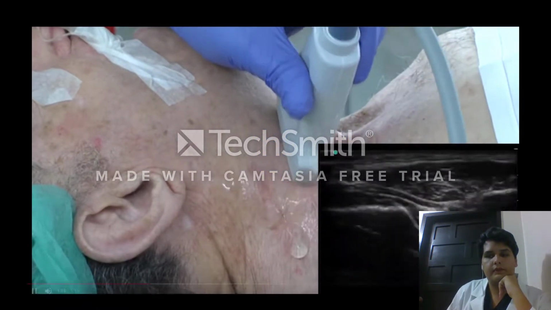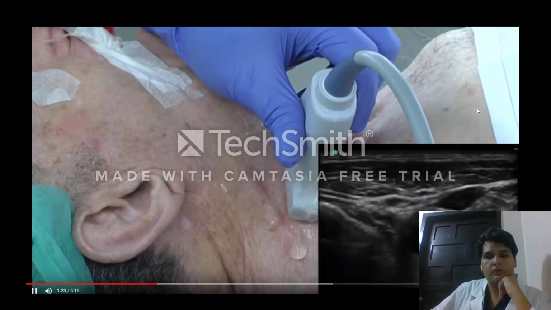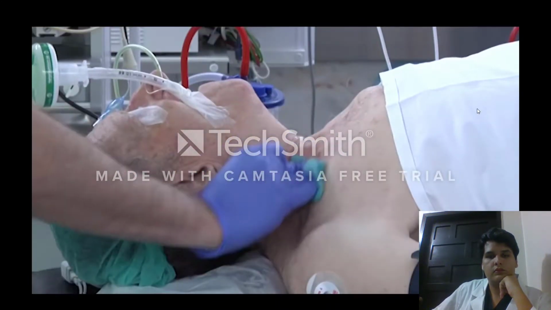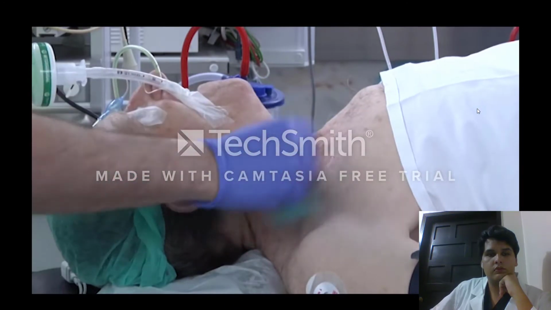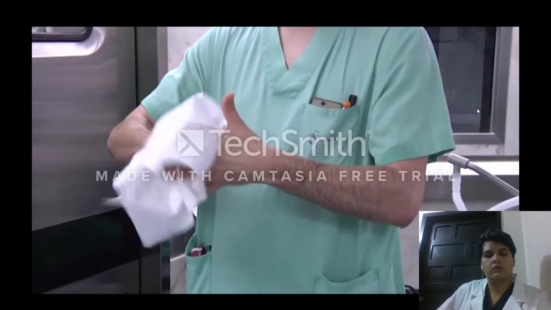After removing the remnants of gel, the skin is prepared with an antiseptic solution.